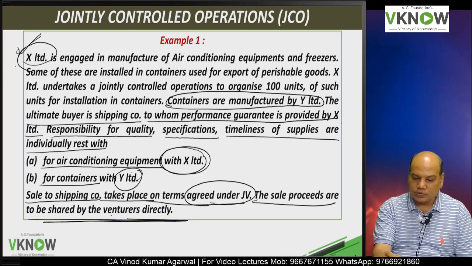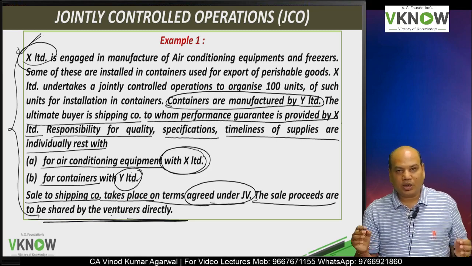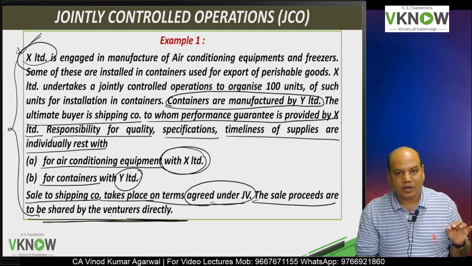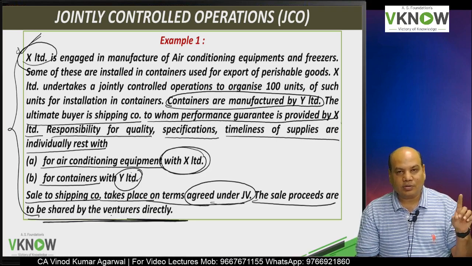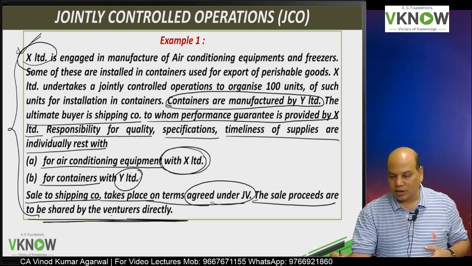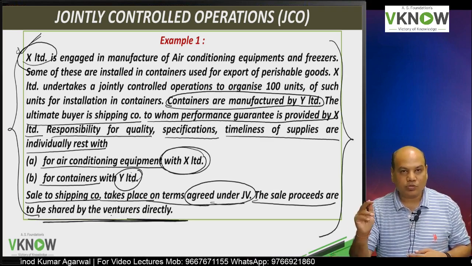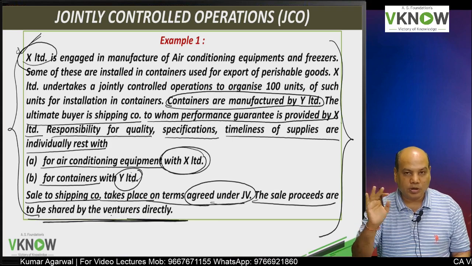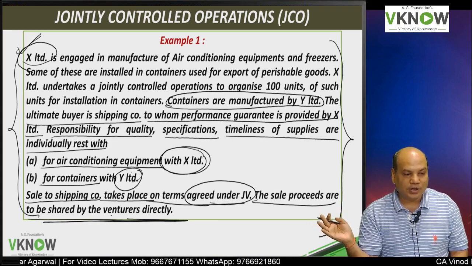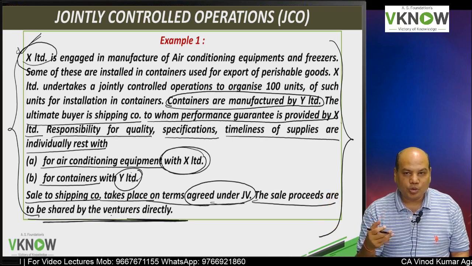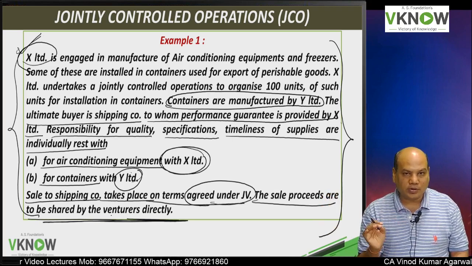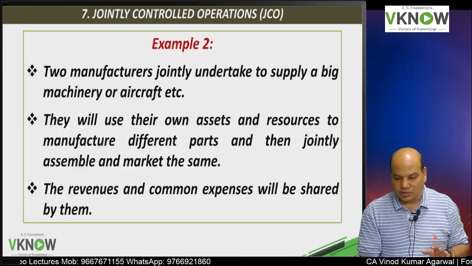If the institute gives you this case study and asks you to identify whether it is JCO, JCA or JCE, that can be a multiple choice question and you have to say this is jointly controlled operation. No new entity is created. Each venturer is operating from its own premise, doing its own part of the work and sharing revenue and expenses.